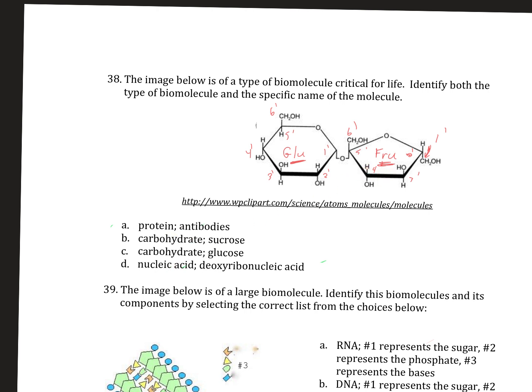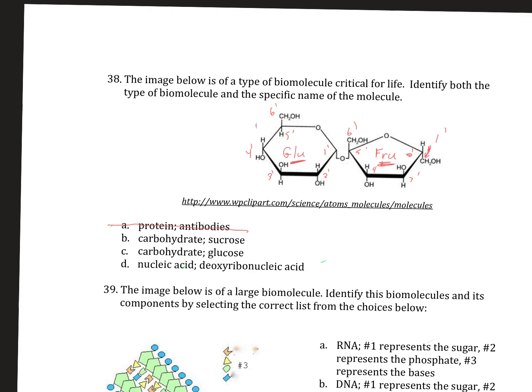An antibody, I don't think I've talked about antibodies to you, have I? It's certainly not a protein. How do I know it's not a protein? If this was a protein, what element should be in there? Nitrogen. And there's no nitrogen in here. I told you need to know what elements should be in each molecule. I told you that 3 weeks ago.